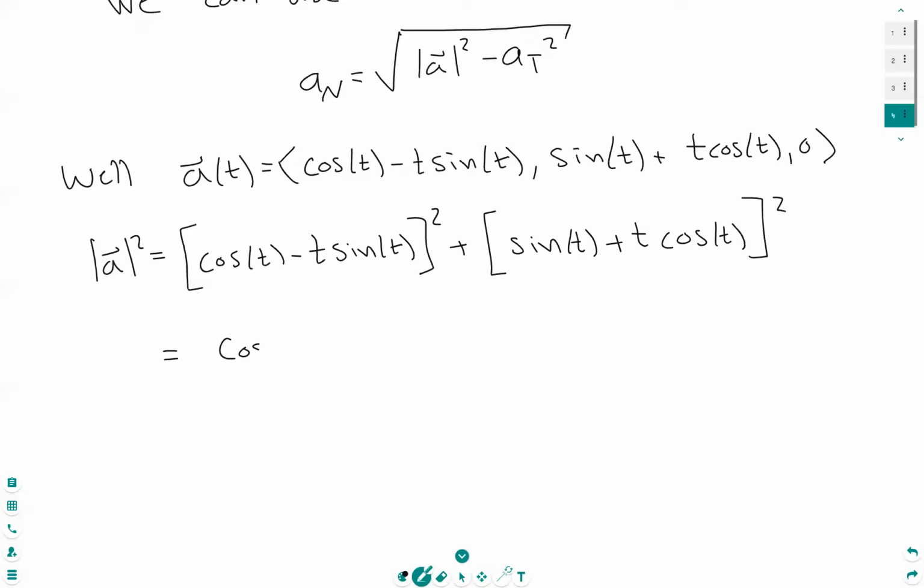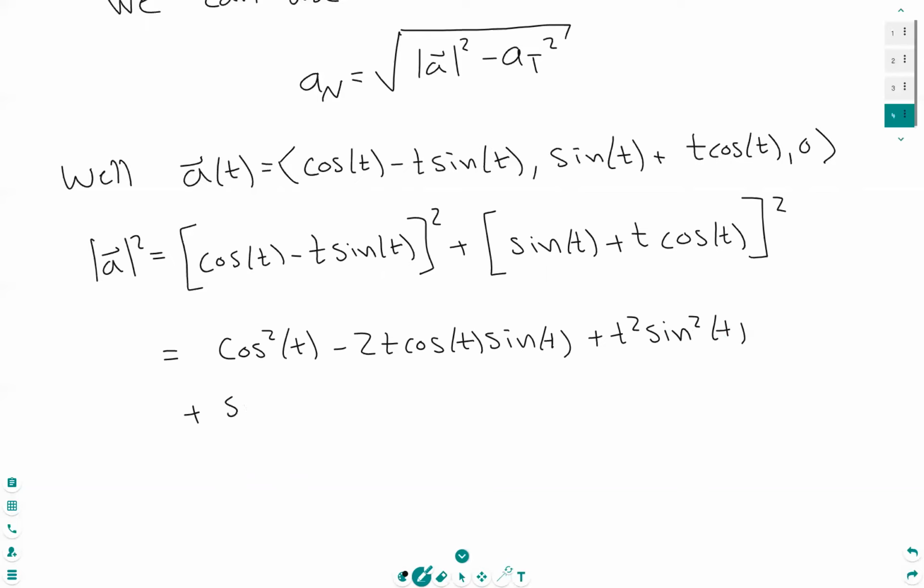We get a cosine squared of t minus 2t cosine of t sine of t plus a t squared sine squared of t, and I'll write this one in the next row.